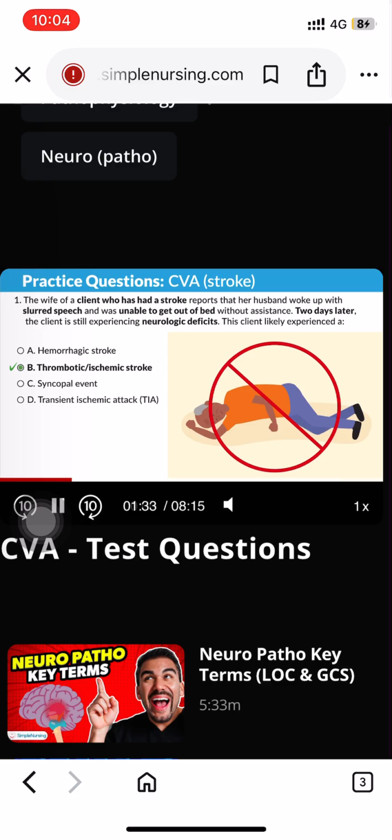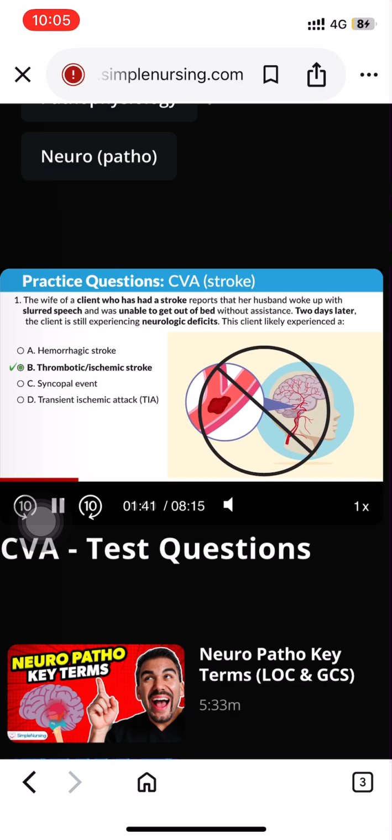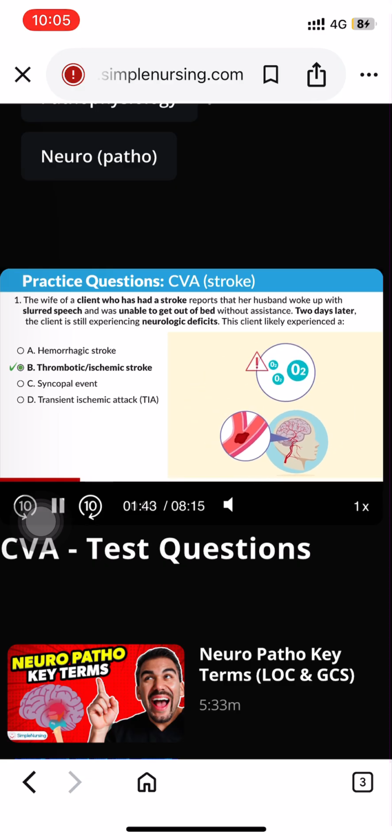So the client is weak but not dizzy or faint. And D, the TIA, the transient ischemic attack. Now this one is very close, but it's wrong. So remember, TIAs is that tiny lack of oxygen that comes and goes with minor signs and symptoms. And this question states that the signs and symptoms are progressively getting worse over 2 days. So this makes option B the most correct.